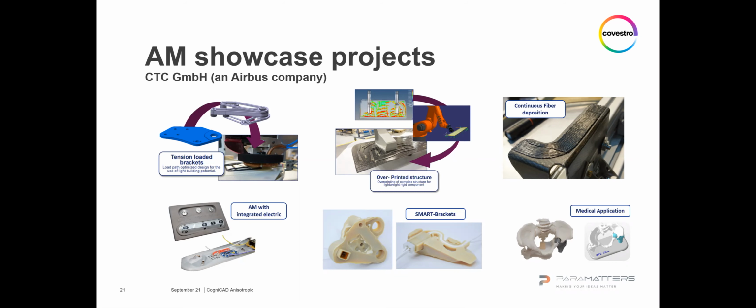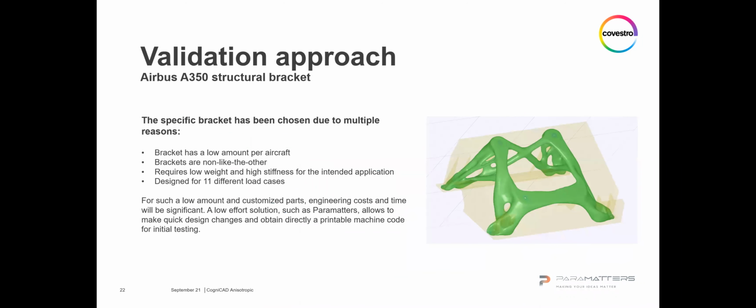So in the next slide, we looked into a use case. We looked into the Airbus A350 program and identified a structural bracket, which we think was a feasible use case. The reason why we chose this is because the bracket has a low amount of parts per aircraft, and each bracket is not like the other. Meaning that each bracket itself has some small design changes.